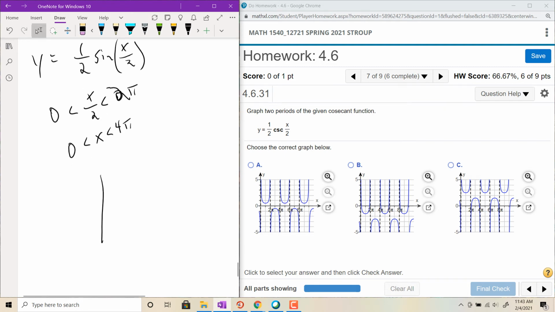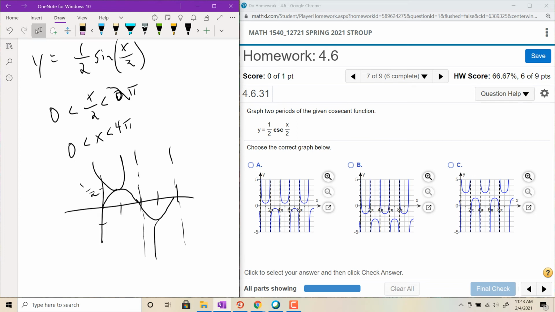So we're going by pi's apparently. 1 pi, 2 pi, 3 pi, 4 pi. Sine looks like this. And its amplitude is 1/2, wherever that is. And then our guy will go like this. Okay, so let's take a look. Ooh, the first one looks right. Is it A again? Is it always going to be A? Sure looks that way.